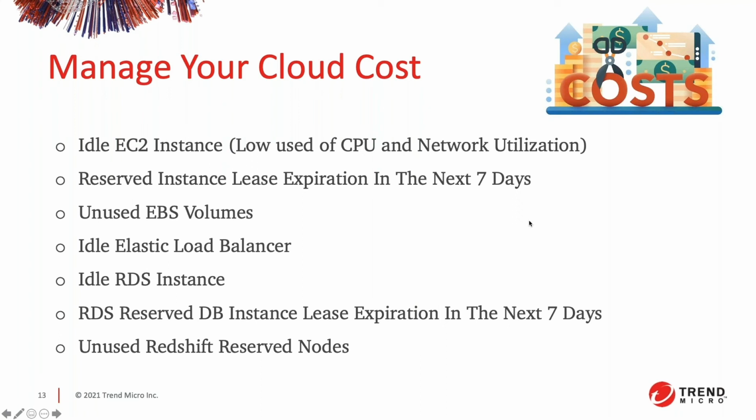Our technology, for example, Conformity, has a specific pillar where we can bring visibility around these specific topics that I mentioned here. We help a lot of organizations with this. Just a little information here: we helped organizations before who were overspending by $10,000 because of unused EBS, unused RDS, and EC2s.